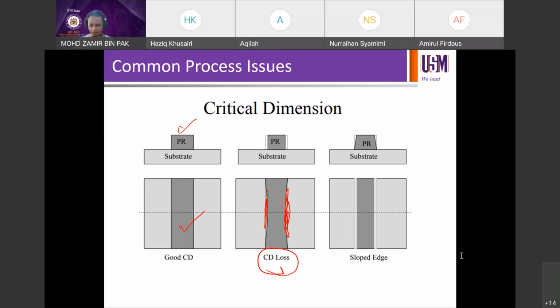Then what we do is we increase the dose to get the CD to become smaller, so that from 125 nanometer we get to 100 nanometer CD.